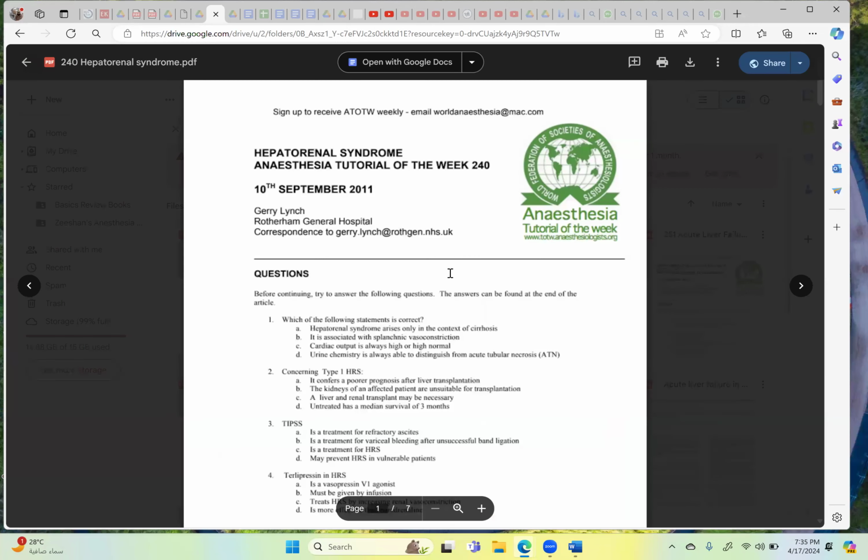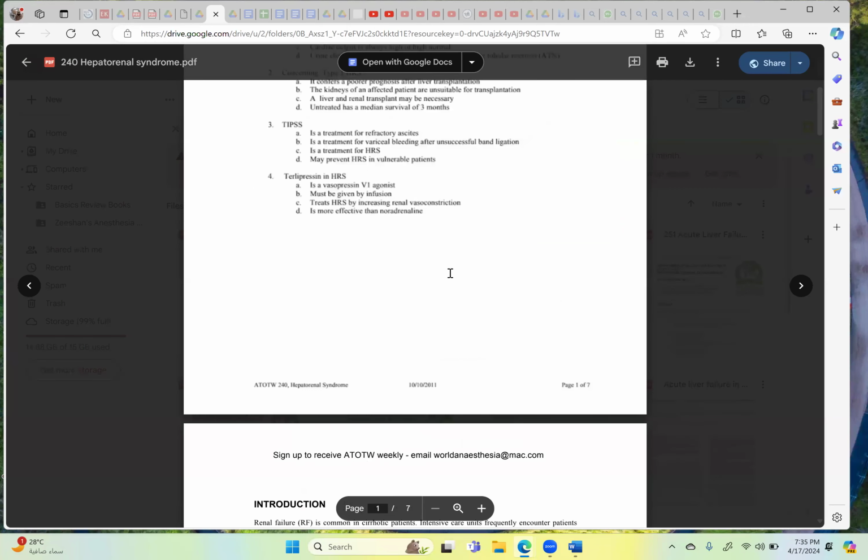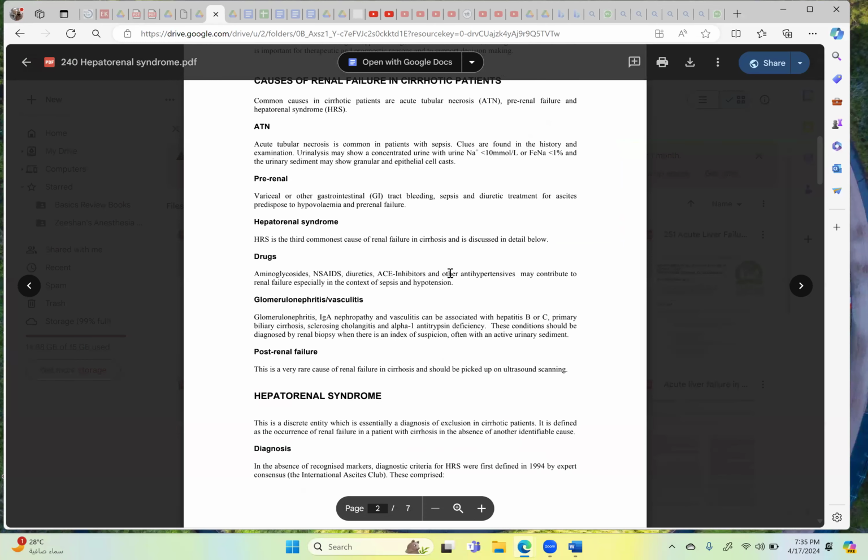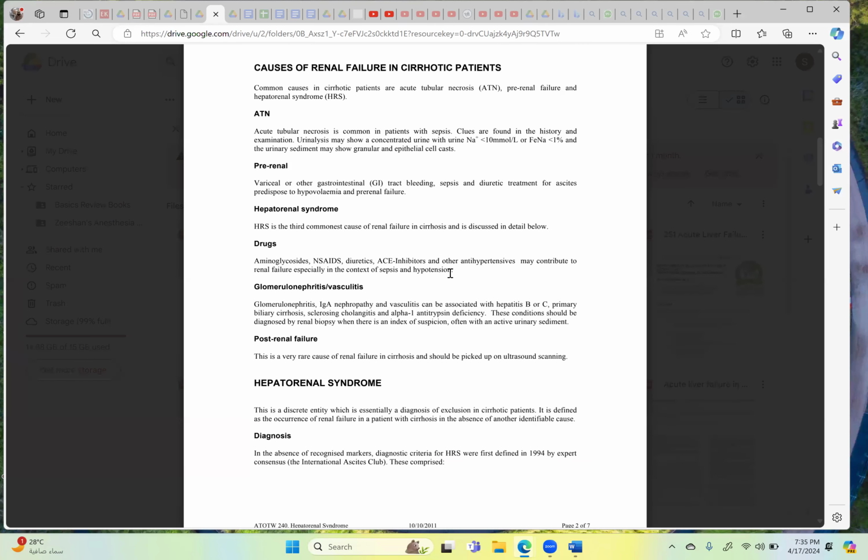Aisha, in the exam, if you have a case of liver failure as a long case, you will have to take history and examination. And remember one thing, I just recall, one of the examiners said abdominal examination is not finished without PR.